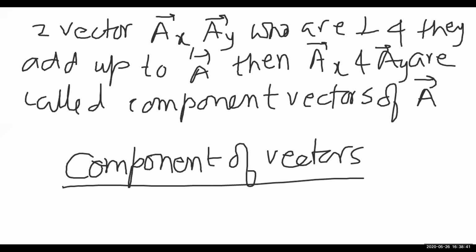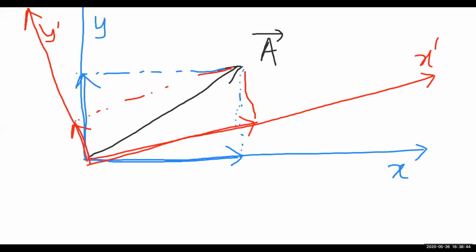So the way to define components of vectors, I'll come back to this diagram, is that you will choose two mutually perpendicular axes and you will find two vectors which lie along these axes, right? And these two vectors should add up to the original vector. Then the component vectors of the original vector are AX and AY.